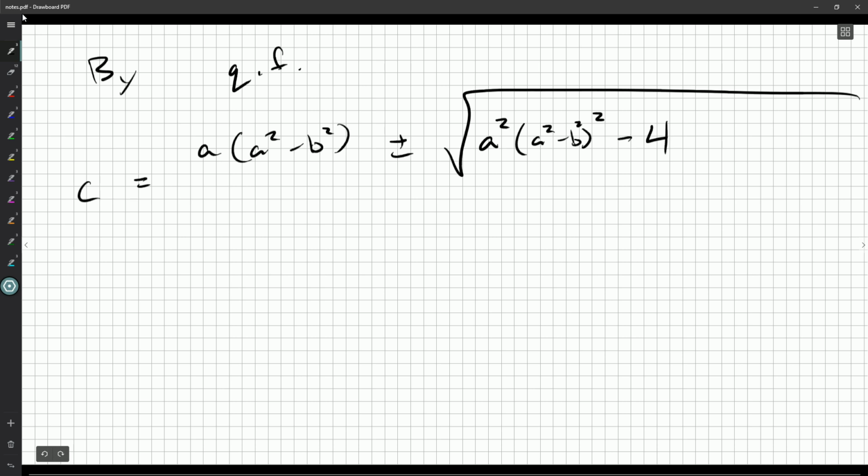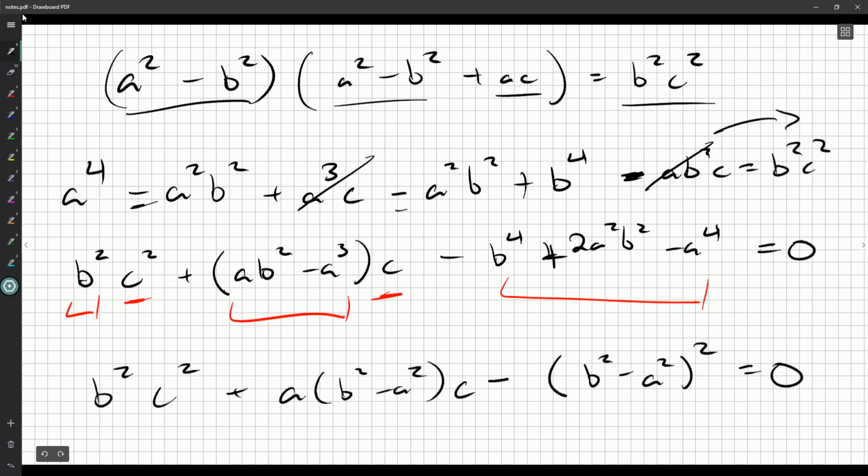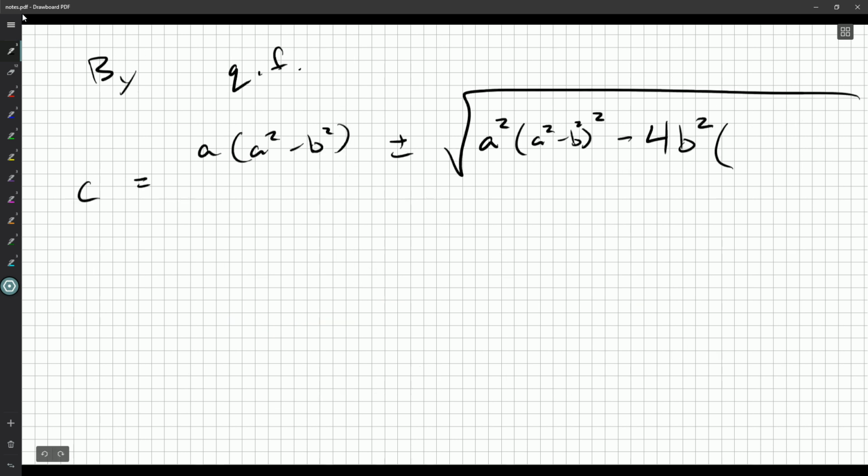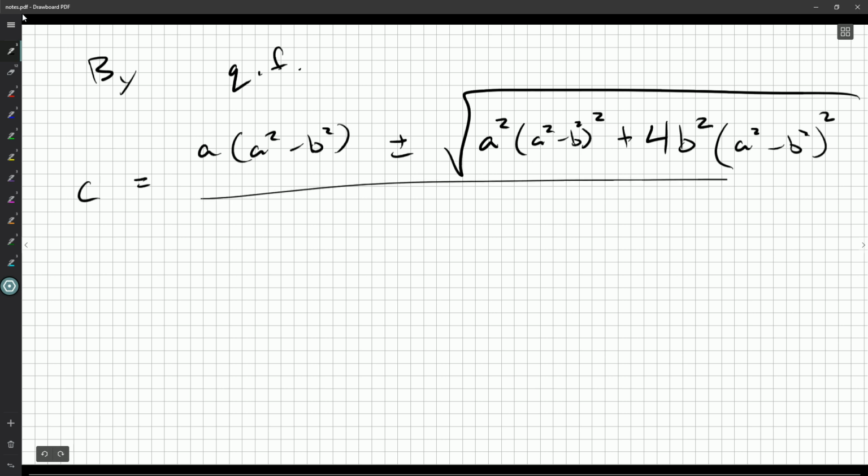Minus 4a c, and c was minus b squared minus a squared squared, so I'll change this to a plus, and it's being squared, so also you can just sort of swap the order there. Okay, all over 2a, which in this case is 2b squared. Okay, there we go, get that.